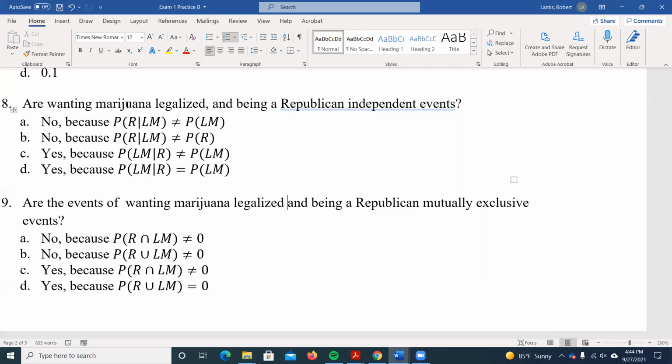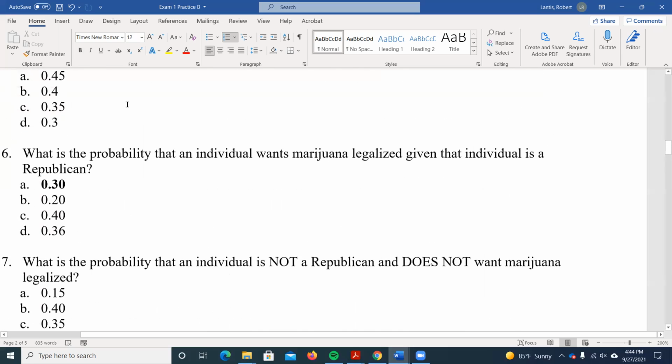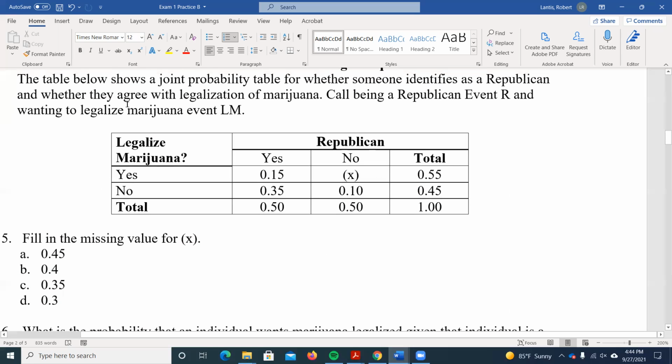We'll condition on whether or not they're Republican. So how can we check this? If we go up here, what's the probability that somebody wants marijuana legalized? Unconditional probability. We just go over that total column, right? So the probability they don't want marijuana legalized, 0.55.